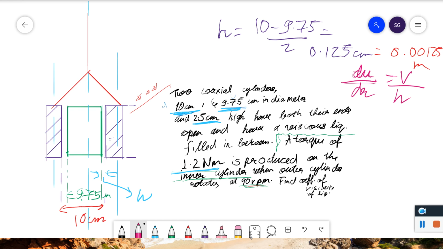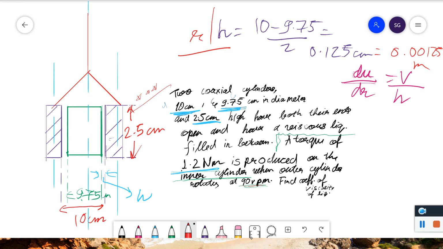This portion basically is the clearance, and in the question this is also given. This is 2.5 centimeter. Here R is H or R, this is represented by both the things. So here we got the V.